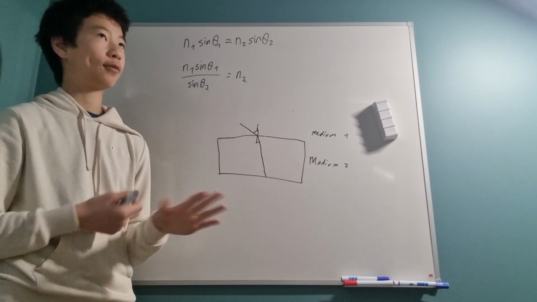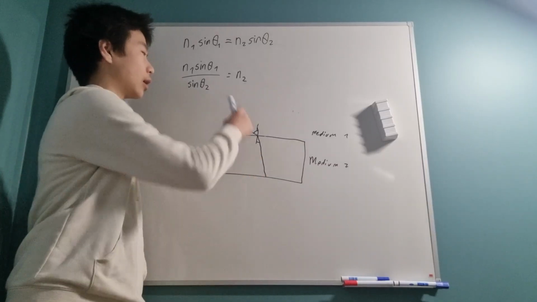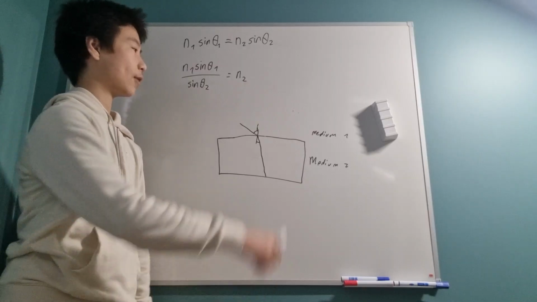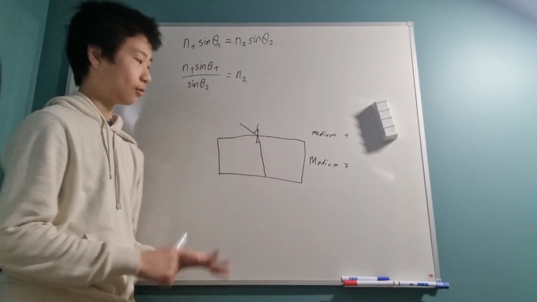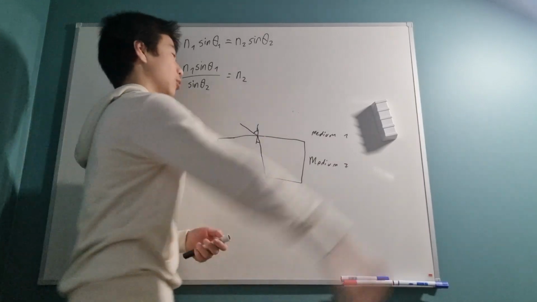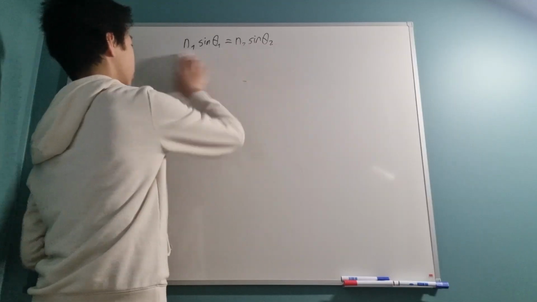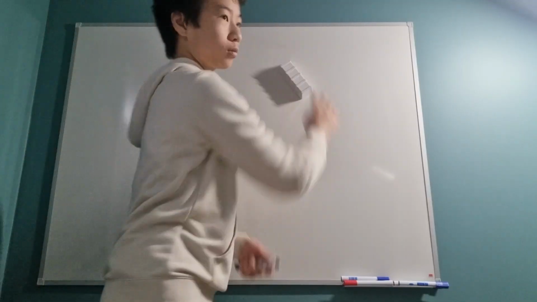If you have three pieces of information, you can find the angle of incidence, the refractive index of the first medium, the angle of refraction, and the refractive index of the second medium. Let me check if that's it.